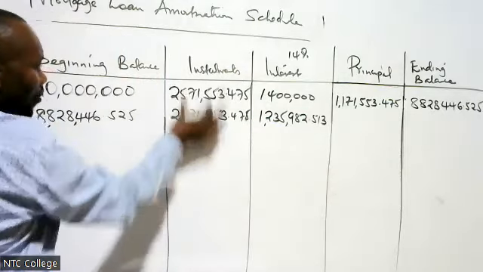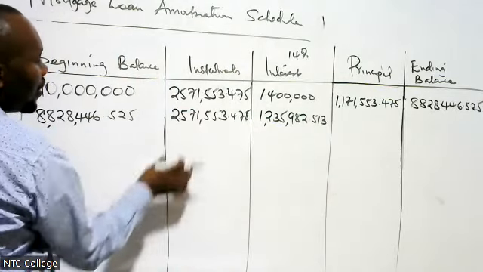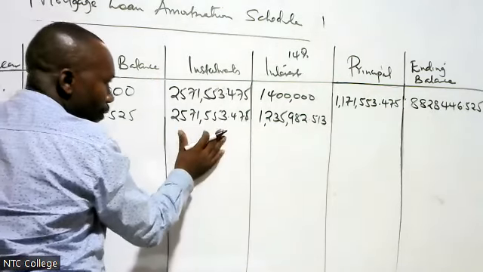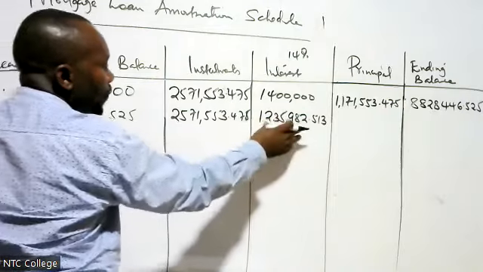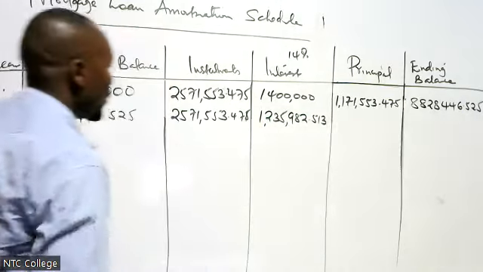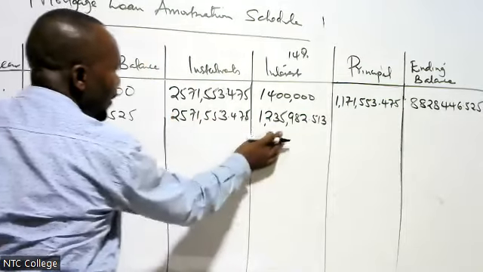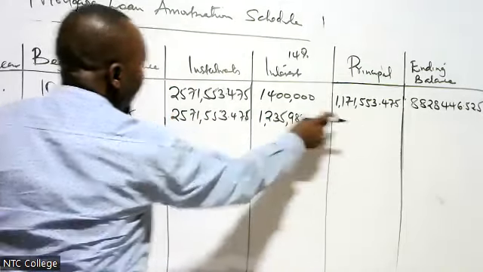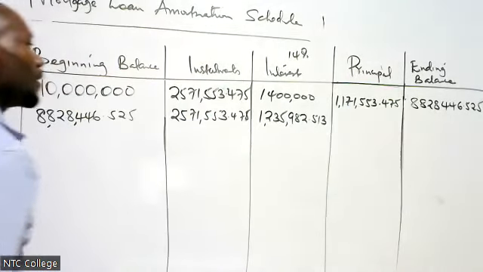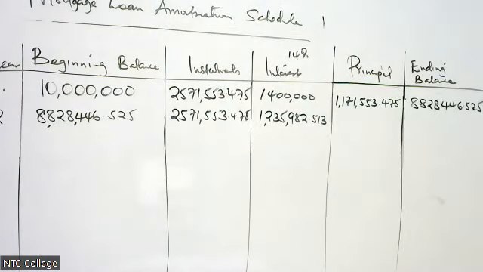Because we are saying that installment is the same for 6 years. So you are paid this one in year 2. And on the amount that you paid, the portion of interest is 1.2. So what did you pay that relates to principal? It is this one minus this, you get the principal. Then now take principal minus principal, you get the ending balance. So proceed. Get me the principal.